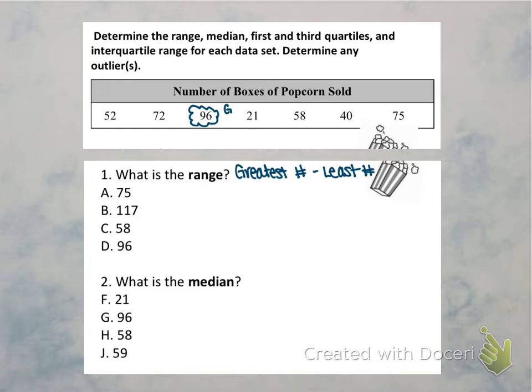Let's look for the smallest now. So the smallest is 21. Okay, so to find our range, we would take 96 and subtract 21 from it. 6 minus 1 is 5, and 9 minus 2 is 7. So our answer is 75 for number 1.